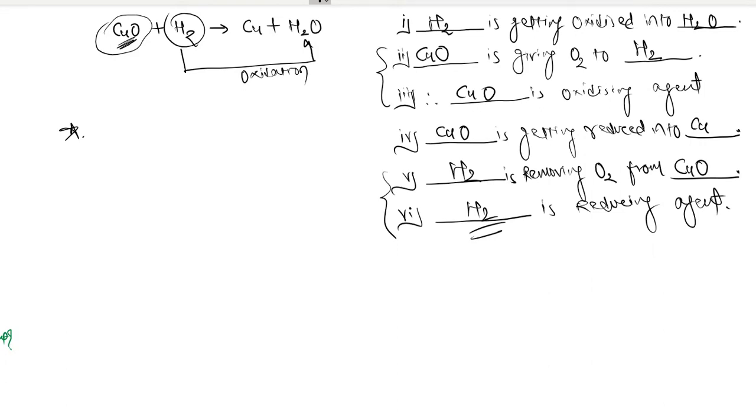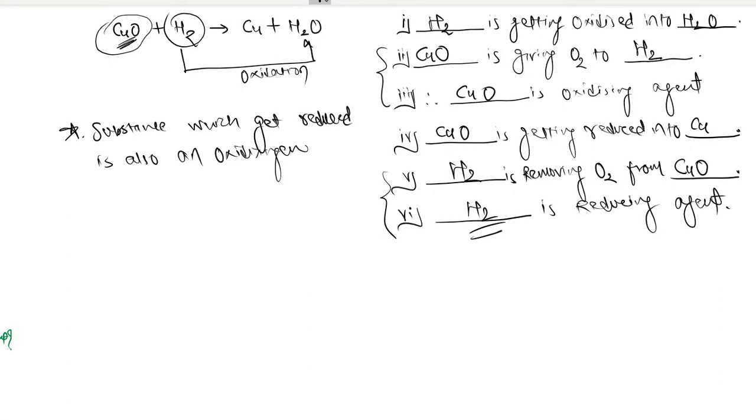Copper oxide is getting reduced, and copper oxide is the oxidizing agent. So the substance which gets reduced is also an oxidizing agent, or all oxidizing agents get reduced themselves.